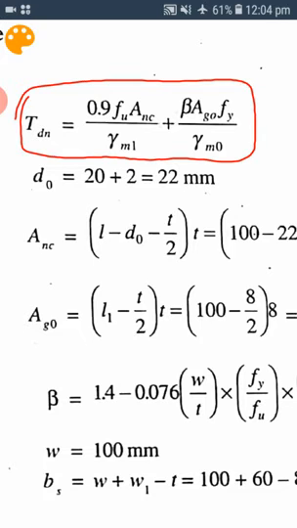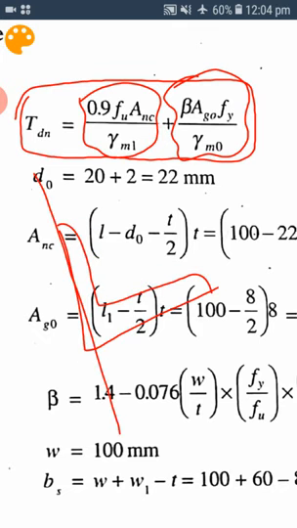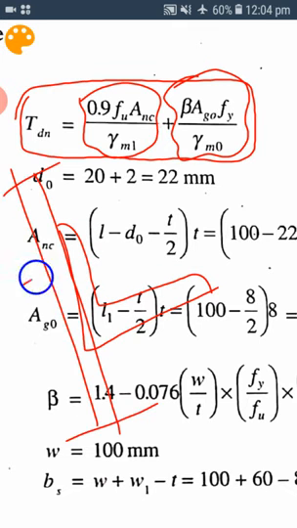If it is only a plate connected to the gusset plate, this formula will be used, and if it is a single angle connected, one more formula will be added, because the angle section connects like this to the gusset plate, where one leg is connected to the gusset plate and the other leg is outstanding, not connected.